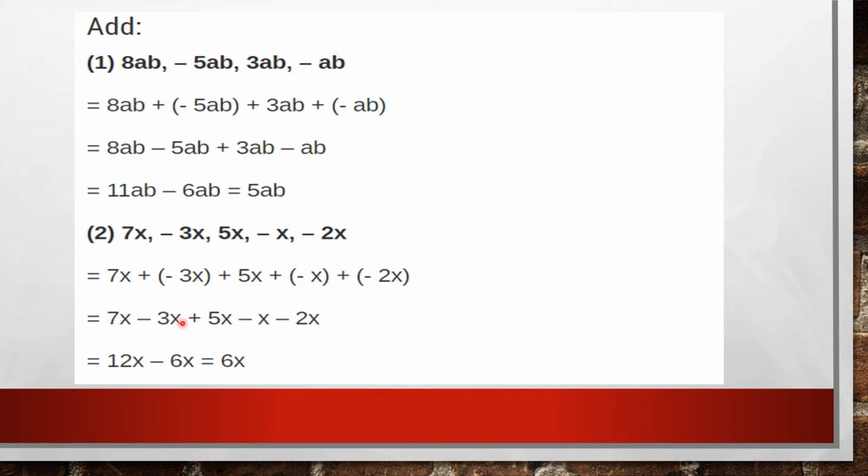Adding the positive terms, 7 plus 5, we get 12x. Adding the negative terms, minus 3x minus x and then minus 2x, totally minus 6x. The answer is plus 6x.